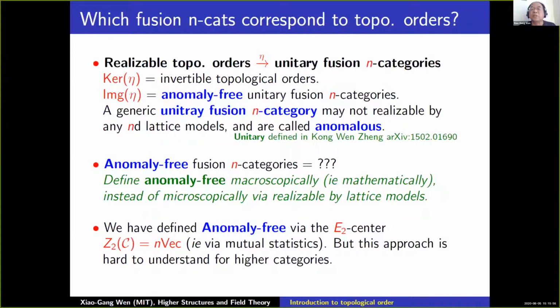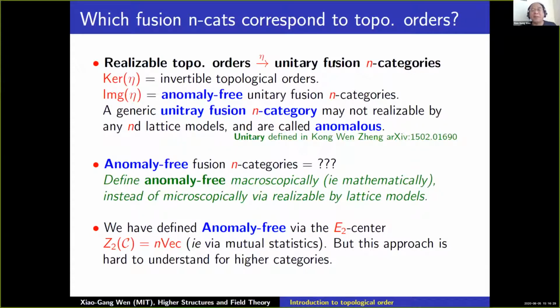And as before, the unitary fusion n-category and the topological order are not just one-to-one related. Their relation is a little bit more complicated. To describe their relation, we can consider a map from realizable topological orders on the lattice to fusion n-categories. Physically, this map just means every realizable topological order has excitations, and their excitations are described by fusion n-categories, and that basically generates this map.